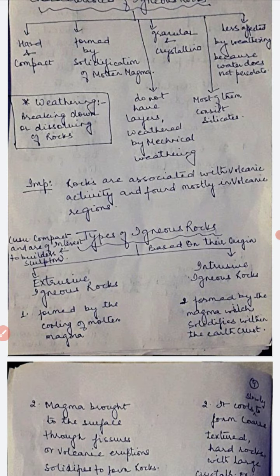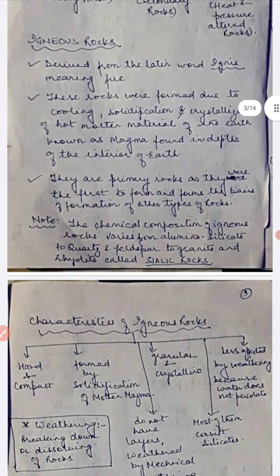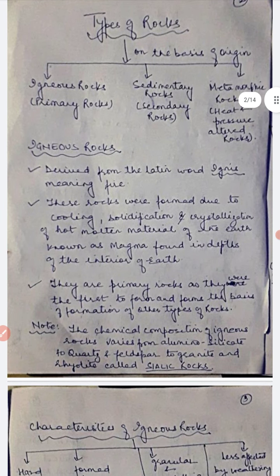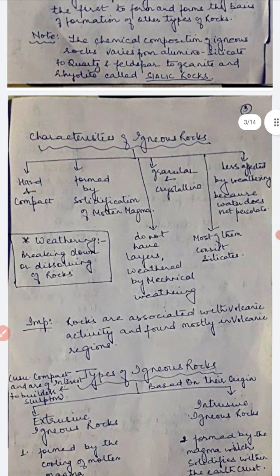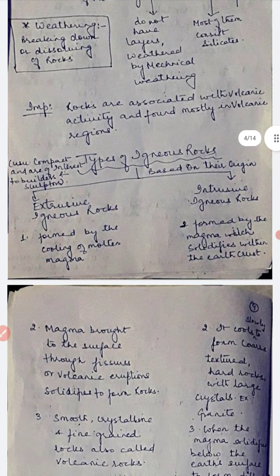Now, types of rocks based on their origin. Usually these rocks are compact and have uses for builders and sculptors. Based on the origin, there are two types of rocks: extrusive igneous rocks and intrusive igneous rocks.